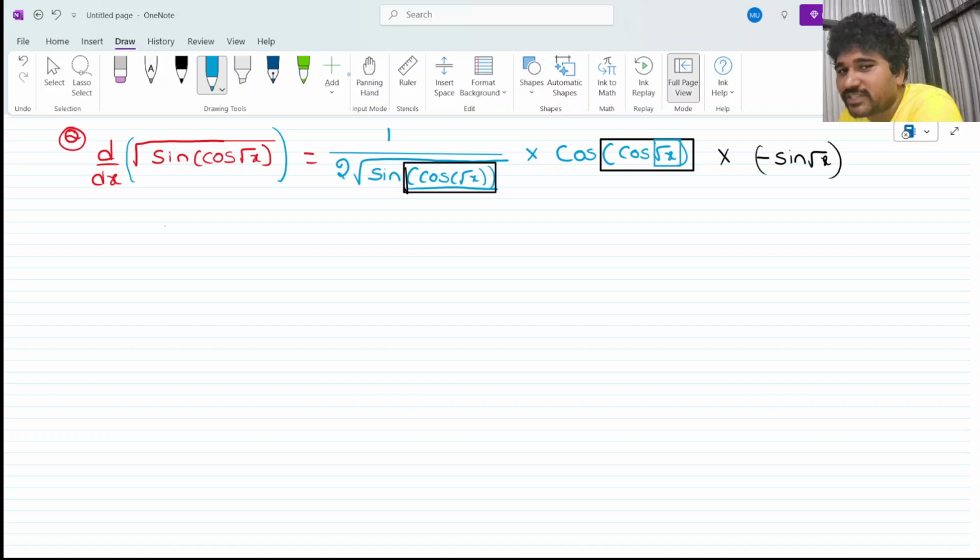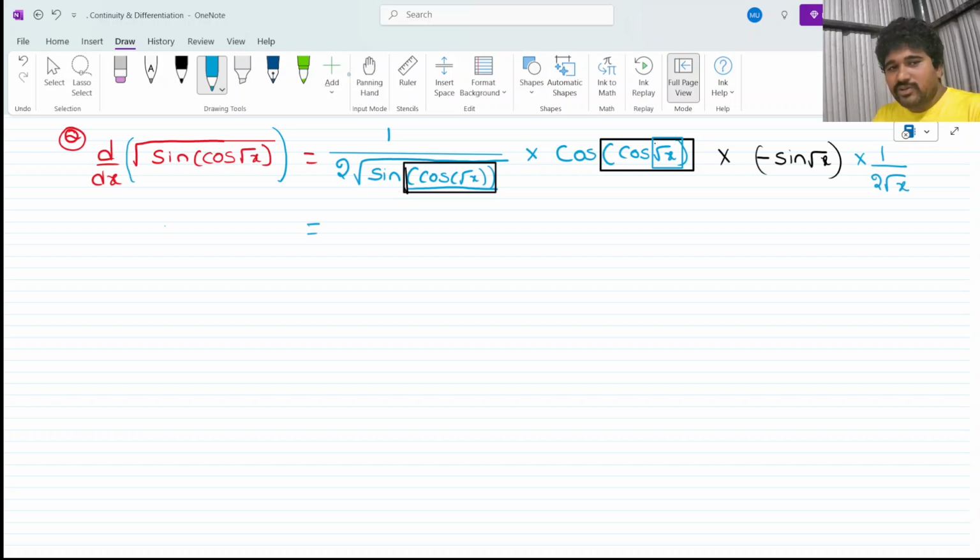So what is the differentiation of root x? 1 by 2 root x. Is that clear for everybody? Understood everybody? So rewrite it properly.